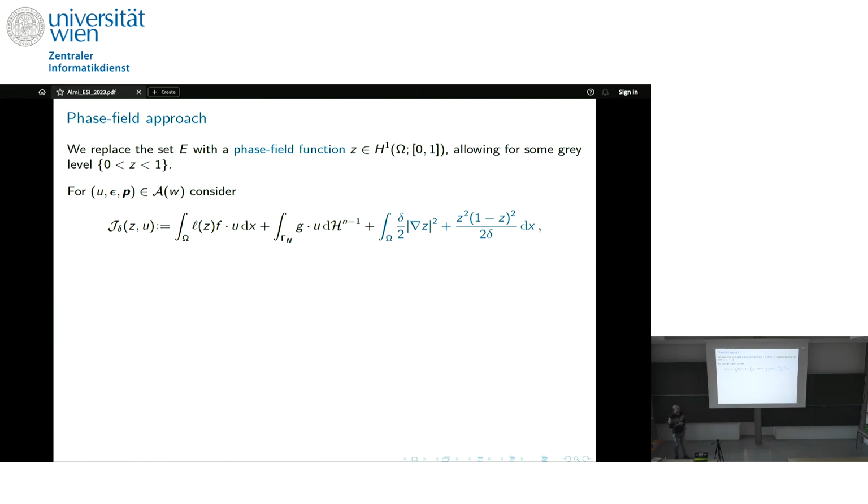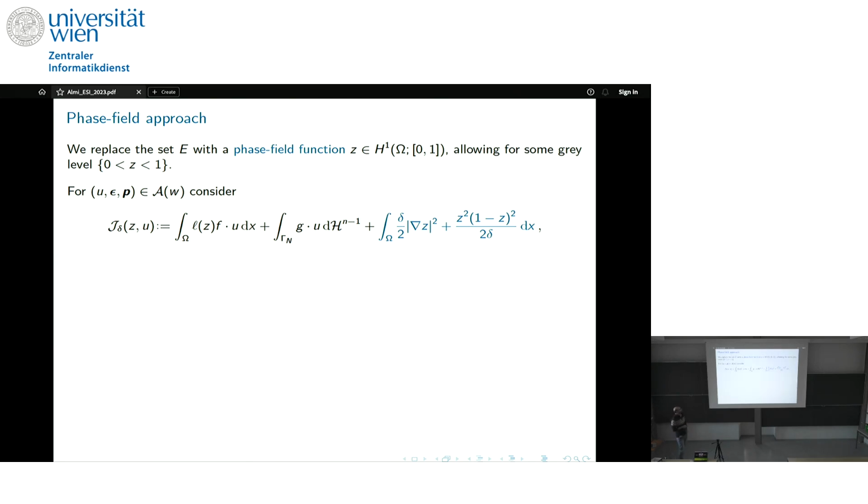But then your function has to say that in most of the region, of the design region, you will take values 0 or 1. And this is encoded in this last term here. So delta, you have to think that is very small. Here you have a double well potential. This is just a choice. And since delta is very small, z will always be either 0 or 1, very close.